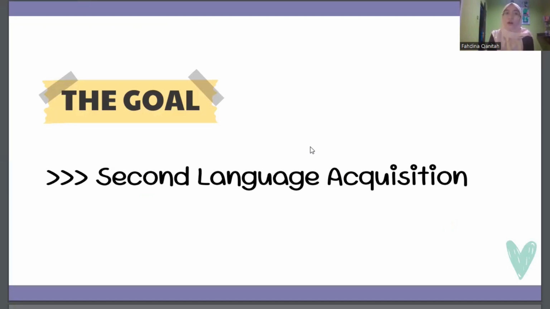So the goal of us as second language teachers is to make our students acquire that second language, not only make them study the target language, or English in this case, but make them acquire the language. So please, next slide, please.